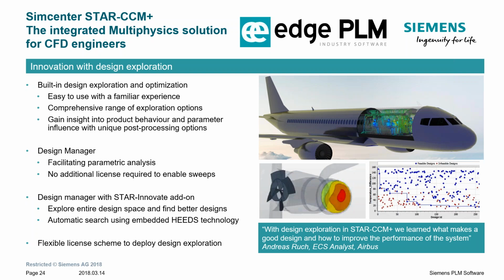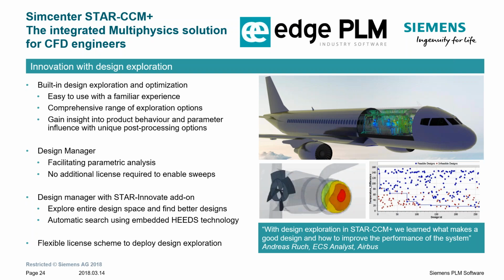The example on the left-hand side shows an example of Star Innovate used to optimize the design of a mixer component in the Environmental Control System, or ECS, from Airbus.